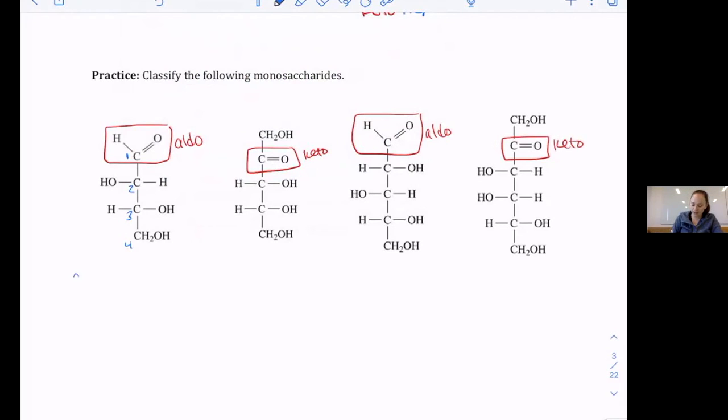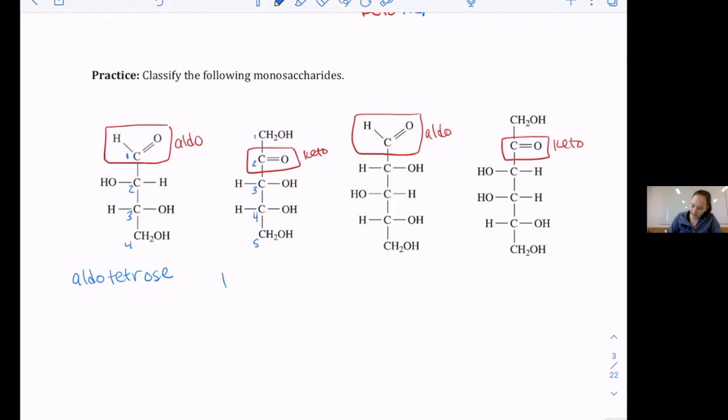I'm going to have aldo, tet, T-E-T-R-O-S-E. So this one is an aldotetrose. Aldo showing that we have an aldehyde, tet showing that we have 4 carbons in our carbon chain, and then ose as our sugar. Let's keep going: 1, 2, 3, 4, 5.